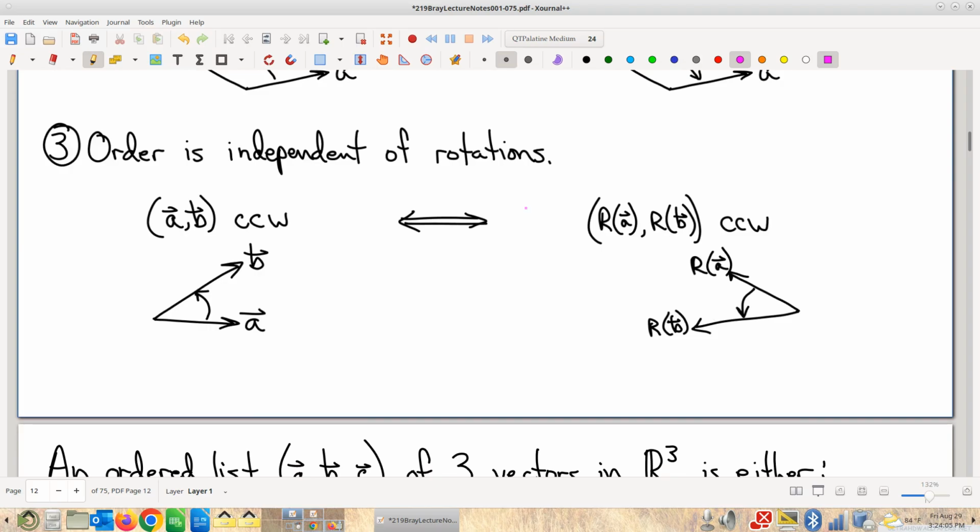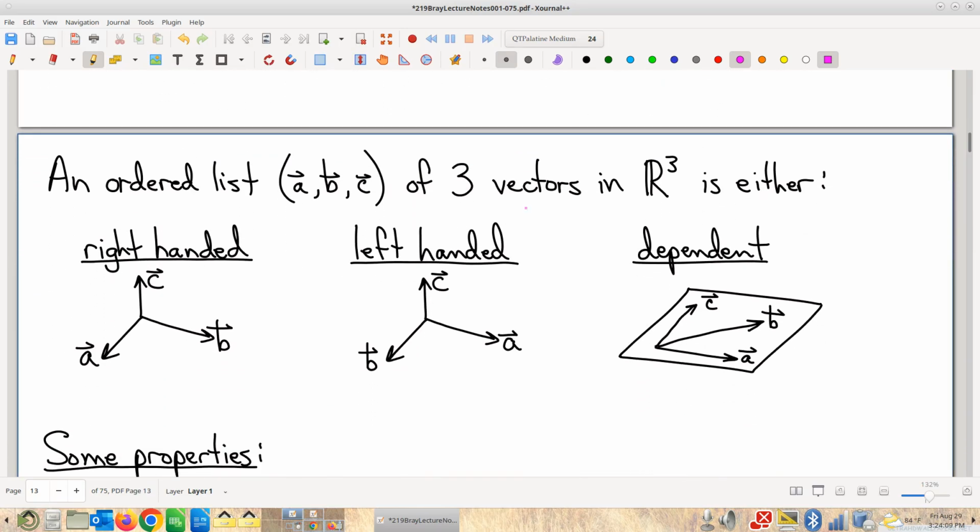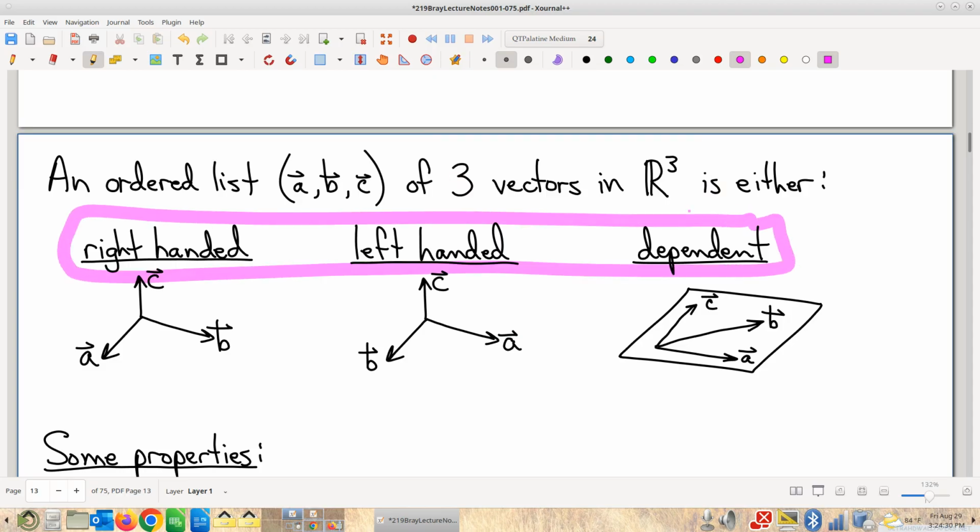Before we do, I want to talk about the analogous idea for 3 vectors in R3. Previously, we were looking at 2 vectors in R2. Now we're going to think about 3 vectors in R3. The analogous idea ends up involving human hands, right?